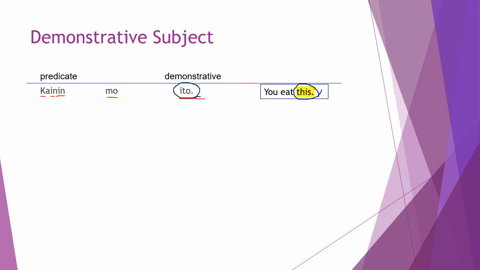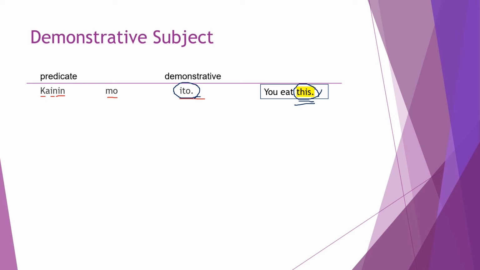So, the person who's saying this sentence, kainin mo ito, is telling you to eat this particular food or something, right?